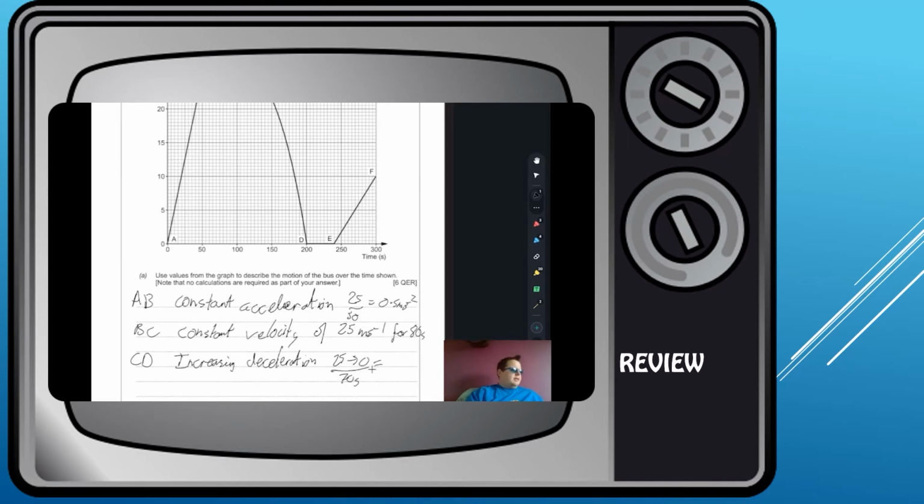So we could give the sort of average value of that as well, which is going to be 25 divided by 70, 0.36, as well.